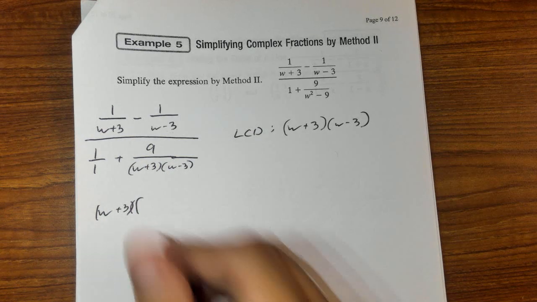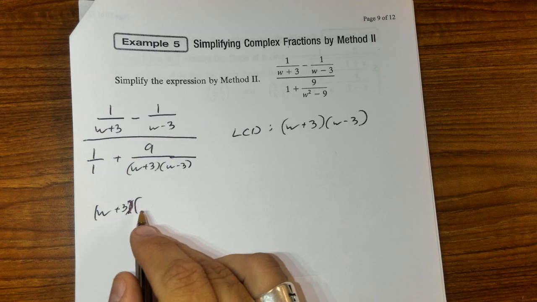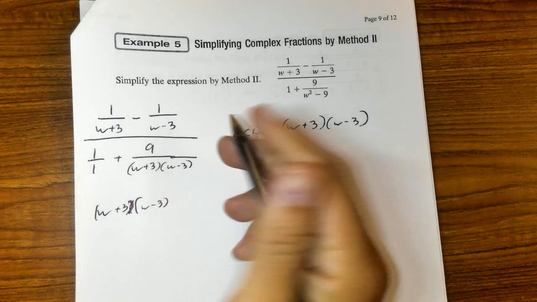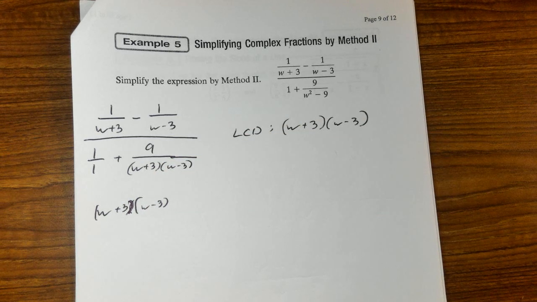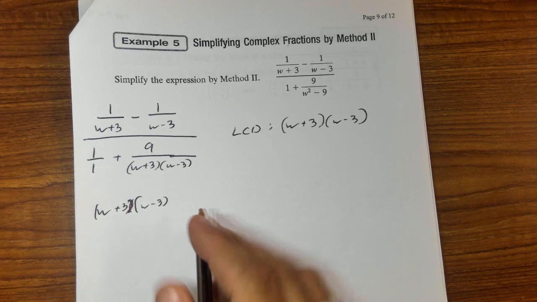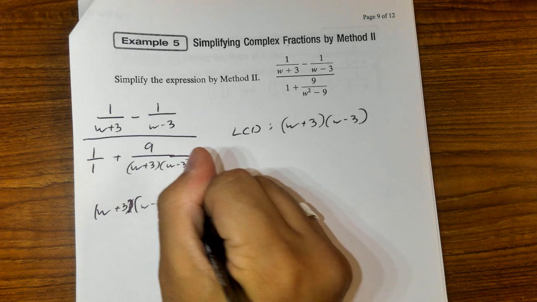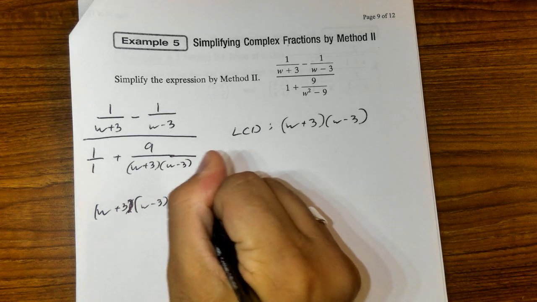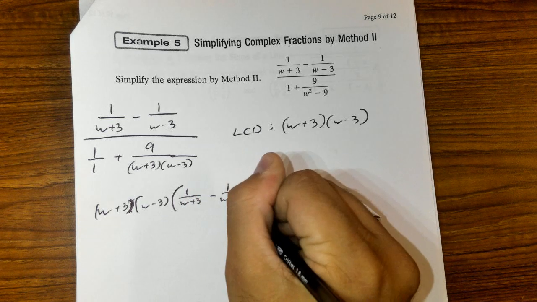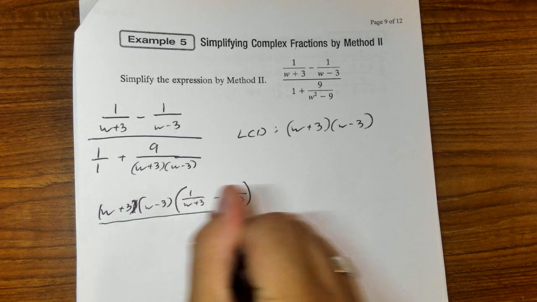That's going to be w plus 3 times w minus 3, and then all of that is multiplied by the numerator. So we'll put that in a bigger parentheses here: 1 over w plus 3 minus 1 over w minus 3. Send those fraction bars out. That's all in the numerator.